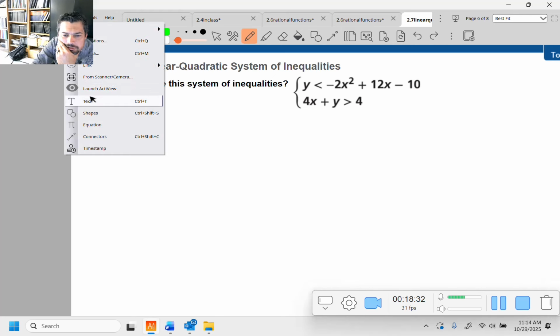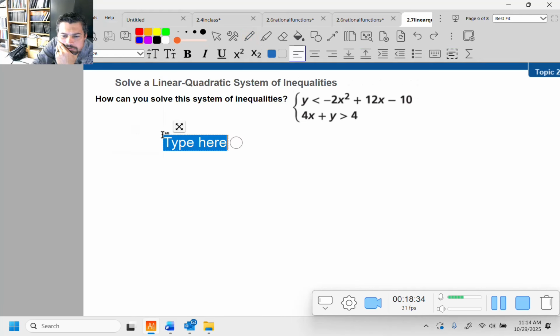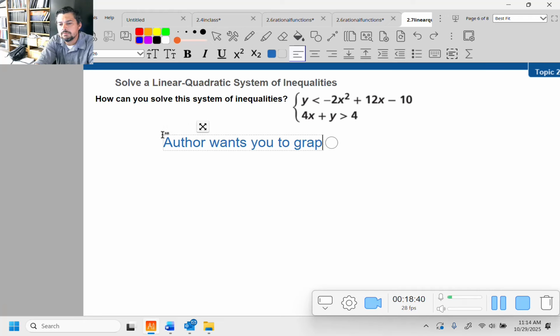And your author wants you to graph this by hand. As big a fan of that as I am, if I teach it that way, 95% of you would never be able to figure this out. I know that based on history.